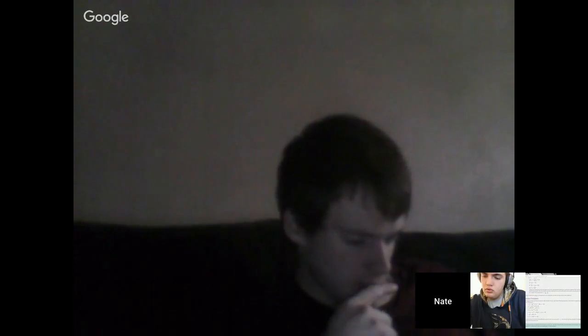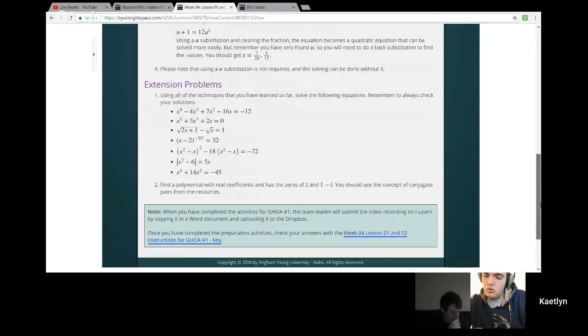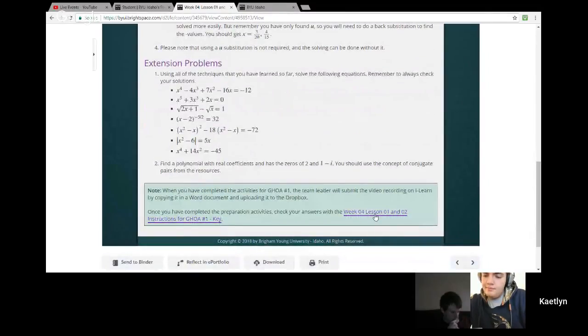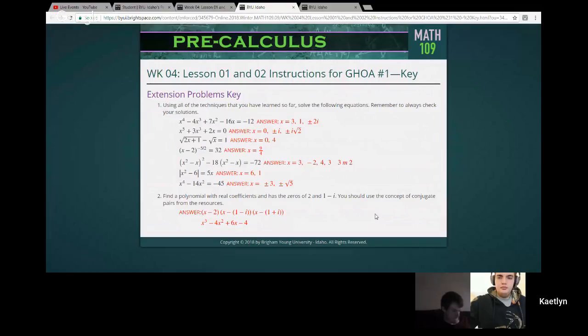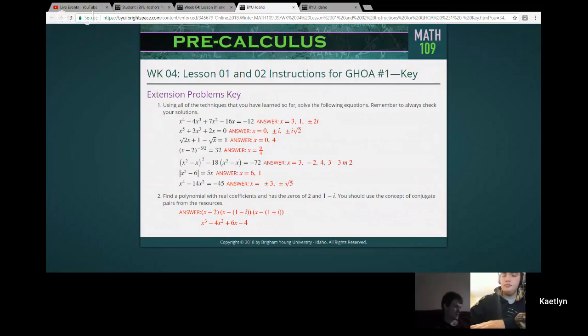Well, if 2 doesn't work and -2 doesn't work, I'm going to look ahead. What if we do substitution of u or something? Okay. Yeah, we could do the substitution of u. I was going to say we're going to have to use the quadratic though, and get everything.